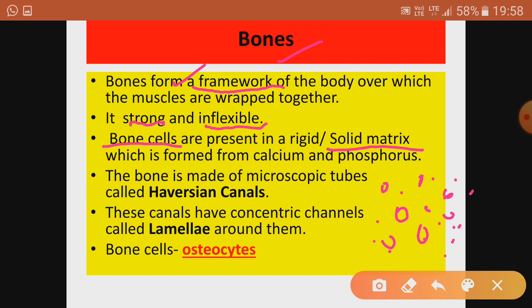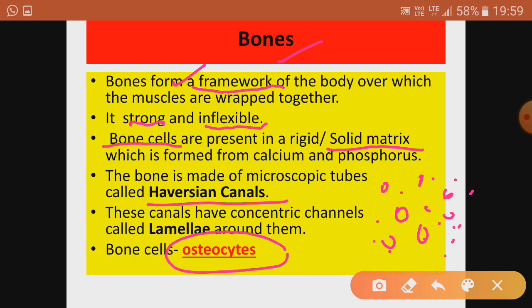What is the biological name for bone cells? Osteocytes. The bone is made up of some microscopic tubes called Haversian canals, and these canals have concentric rings, channels called lamellae, around them. The bone cells are called osteocytes.